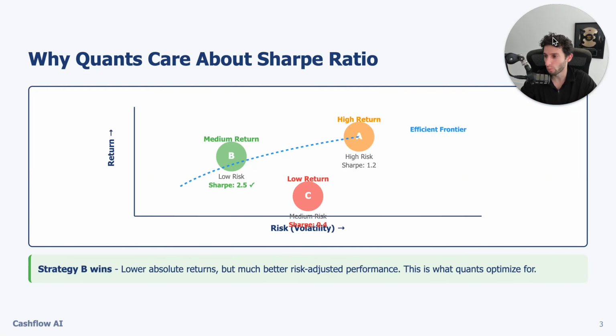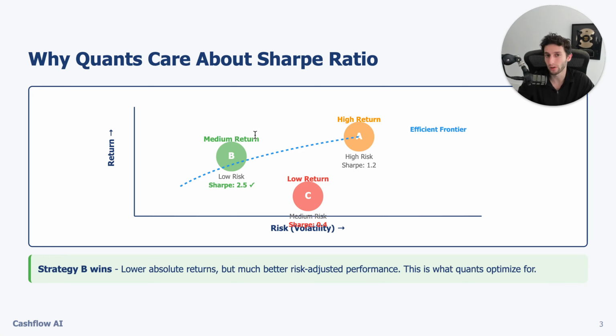The reason this is the most important metric is, for example, if you're a hedge fund or a quant, you can have three different strategies. One of them has a medium return, one lower, one higher. But if the higher return comes at a lot more risk, it may not be the strategy for you. You may rather trade one that has less return because you're taking on way less risk.